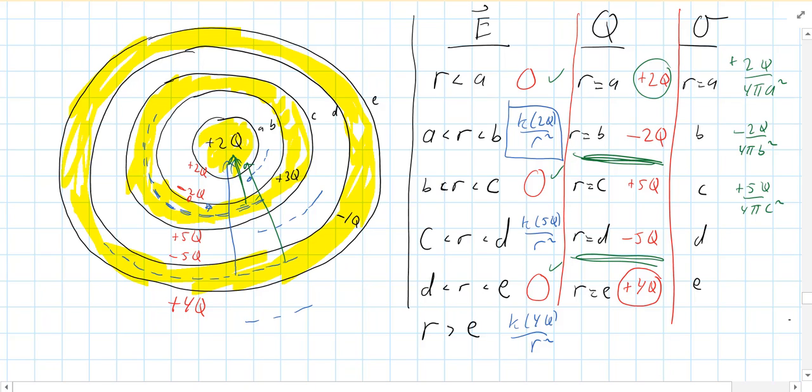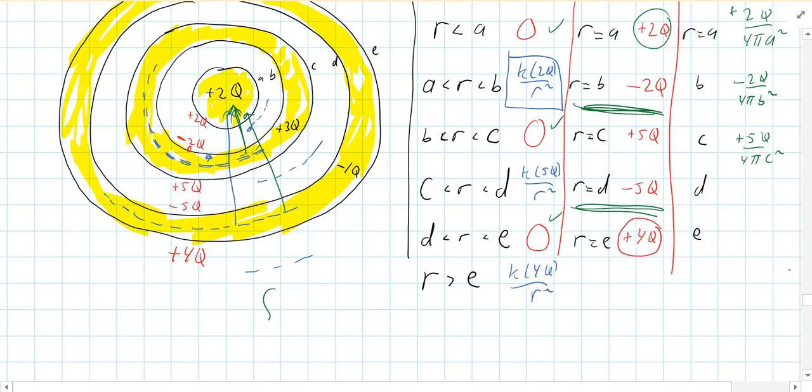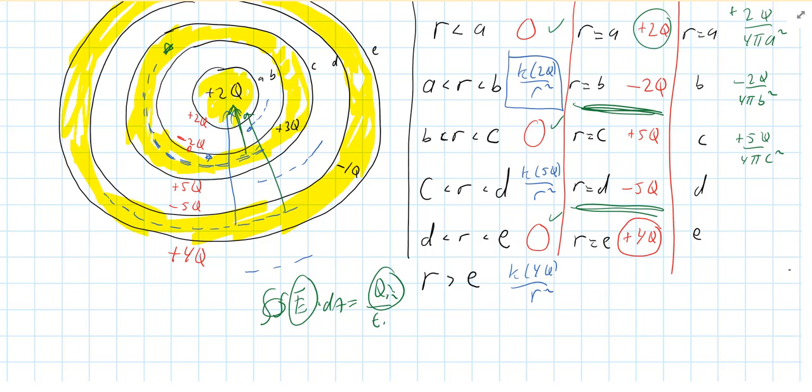Because Gauss's law says the double integral of E dot dA equals Q enclosed over epsilon naught. Well, if I know this is 0, then this has to be 0, right? So if I look at this part right there, I know the electric field there has to be 0 because it's in a conductor. Therefore, I know all the charge inside of that point has to equal 0.